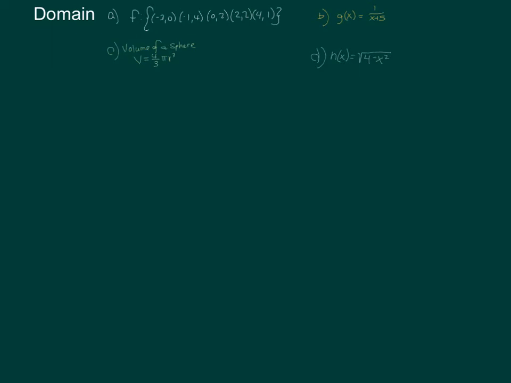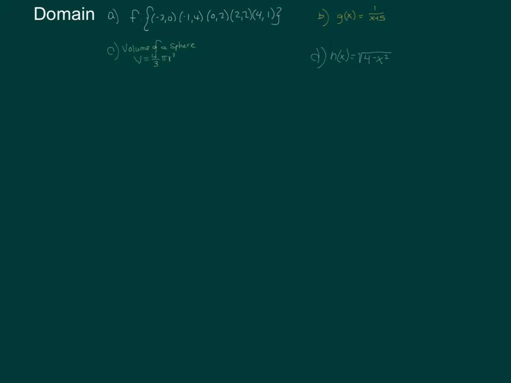So let's look at domain in these 4 different situations here. We're going to look at a function when it's given to us as an ordered pair, as a function with a variable in the denominator, as a formula for something specific, and with a square root.